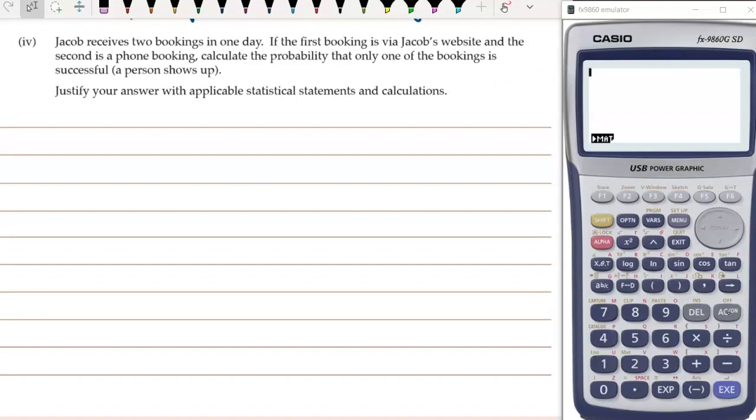All right, for this last one, we've got 2 bookings made. The first is by the website, the second is by phone. Calculate the probability only one of the bookings is successful.